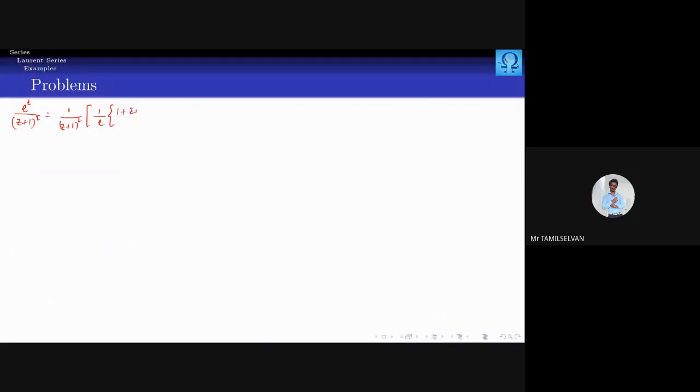So 1 plus z plus 1 upon 1 factorial, plus z plus 1 whole square upon 2 factorial, plus z plus 1 whole cube upon 3 factorial, plus etc. Is that clear? Class, is that clear? Yes, sir. So I take this 1 upon e outside, and then when I multiply this quantity inside, this is what I am getting.